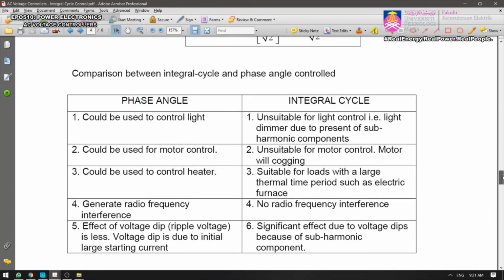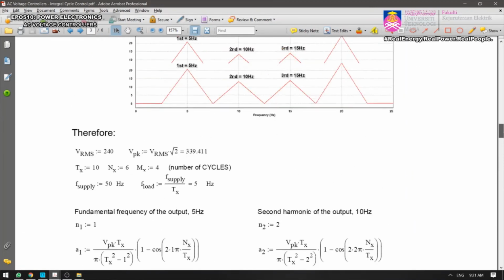Okay, and there is a comparison between integral cycle and phase angle control. Phase angle control could be used to control light, but integral cycle control is unsuitable for light control because you have light flicker, due to the presence of subharmonic components, because it's a different level of harmonics, isn't it? Different levels of fundamental at the output, and also the subharmonics. This is known as subharmonics.